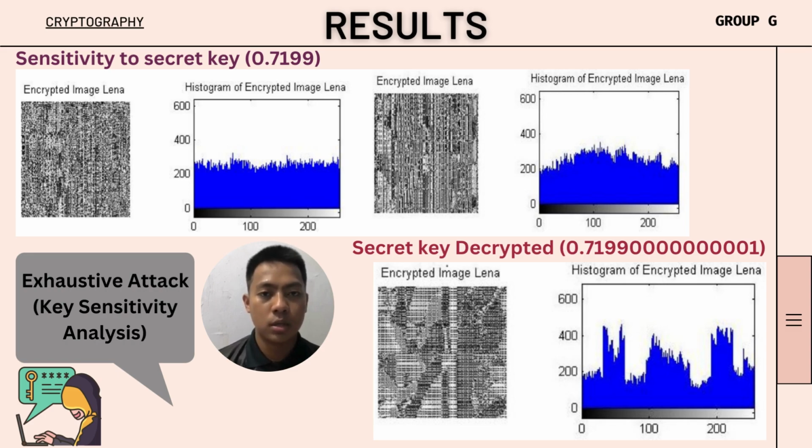We can see that the histogram of the decrypted image is fairly uniform and the decrypted image is different from the original image. The sensitivity to the other secret key parameters is also the same.